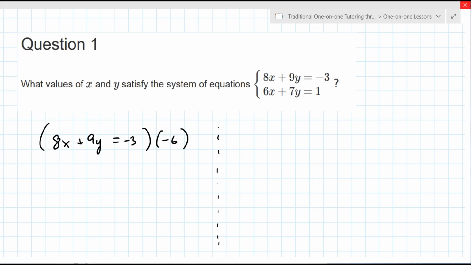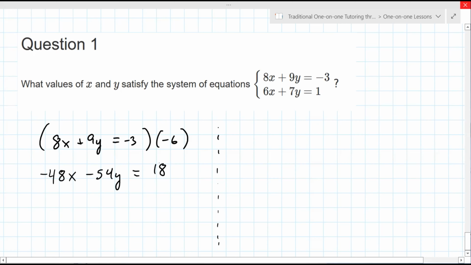Okay. Okay, you got it. All right, so this is the correct answer. -48x minus 54y equals 18. Is that what you have?